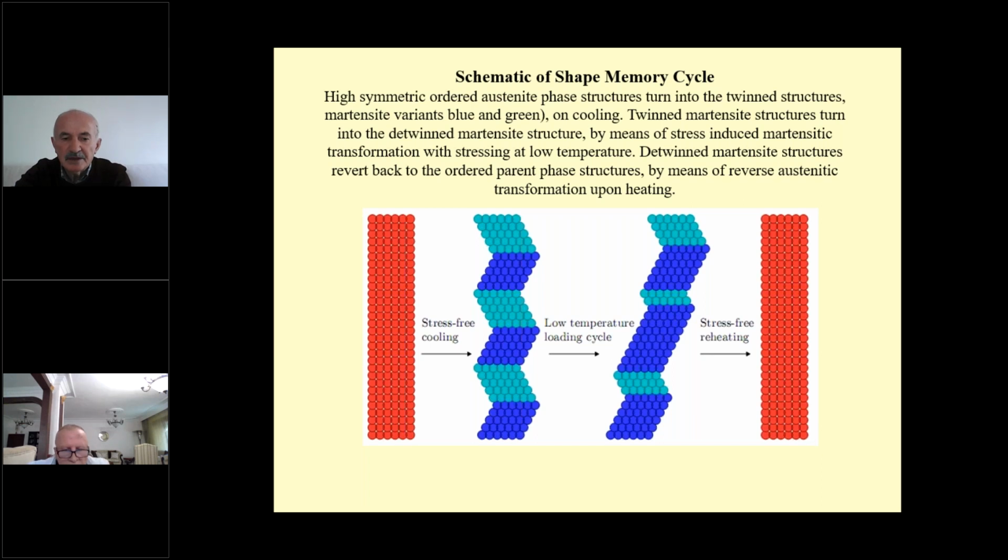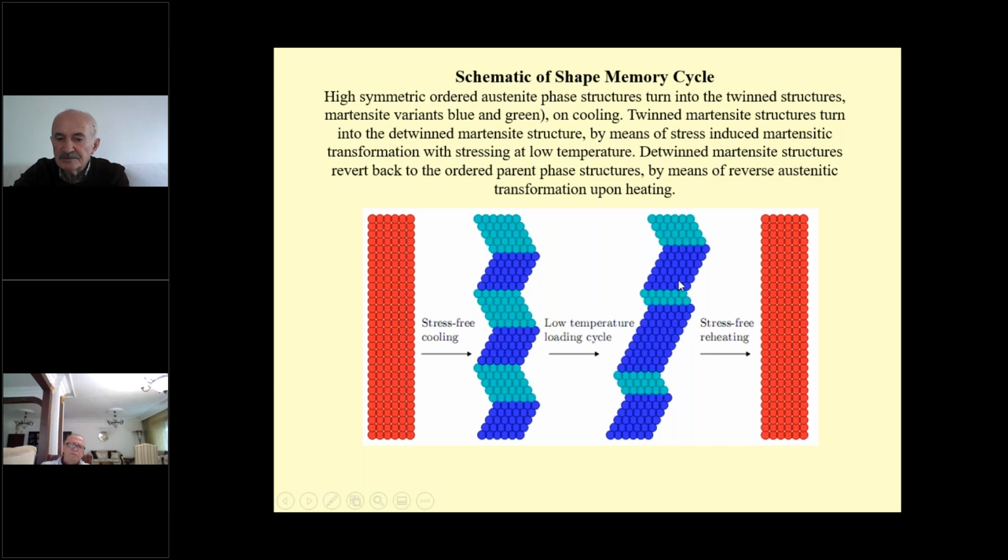On cooling, ordered parent phase structures turn into twinned martensitic structures by means of thermally induced martensitic transformation. After that, with deformation in the low temperature condition, twinned martensitic structures turn into detwinned martensitic structures by means of stress-induced martensitic transformation.